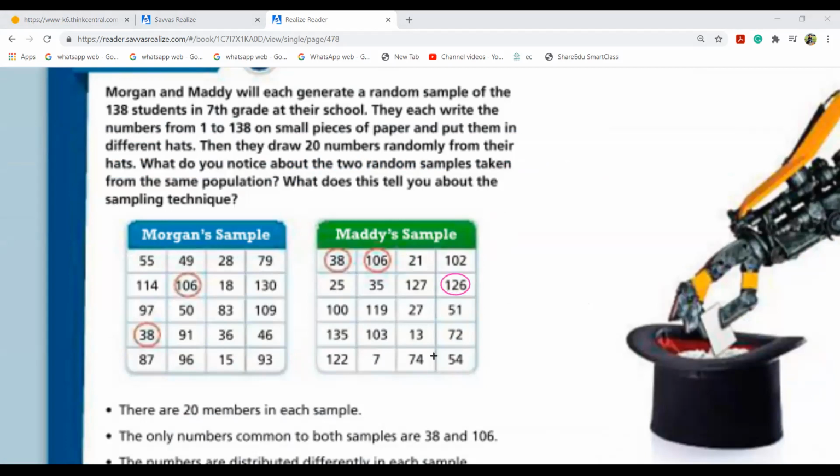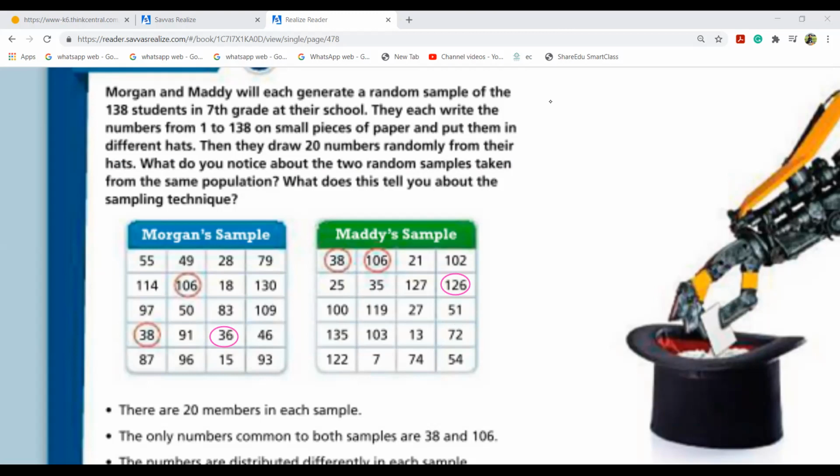Let us search. There's no 36 in Maddie. In Morgan, it might be there. Check 36, girls, please. Here, beside 91. Yes. So, comparing the Maddie sample with Jeremy's sample and Morgan's sample, we see that 36 is in common with Morgan's and 126 is common with Maddie's.